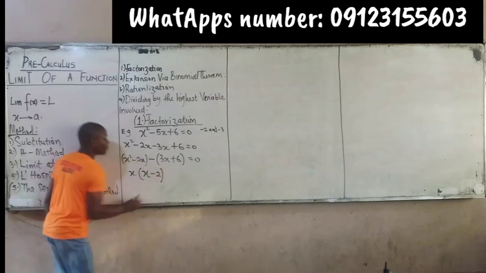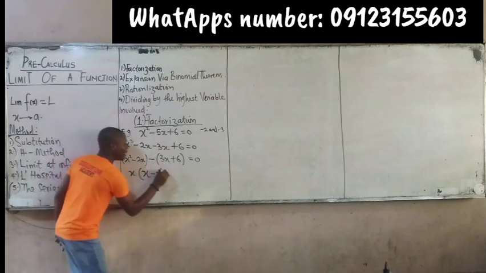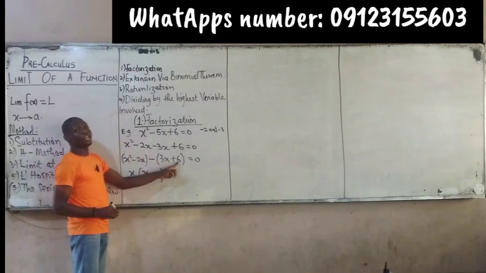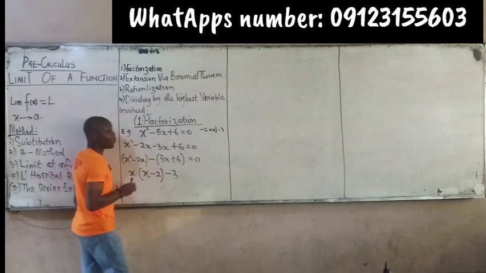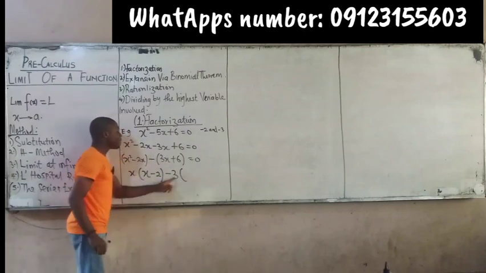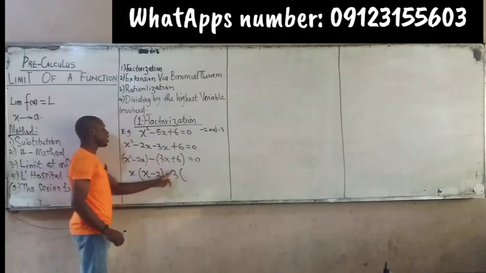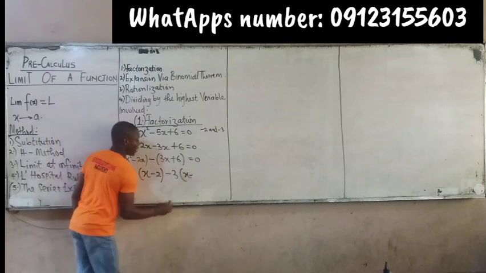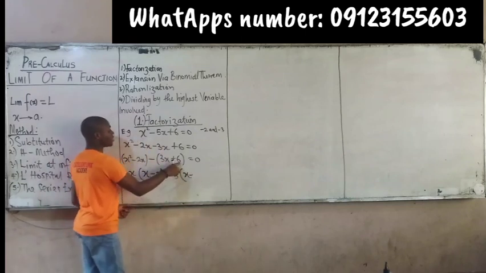Next, I have a negative sign here. What is common in 3x plus 6? 3 is common. 3 divided by 3x, 3 cancels 3, leaving x. I'll put a negative sign here. Plus 6 divided by minus 3.